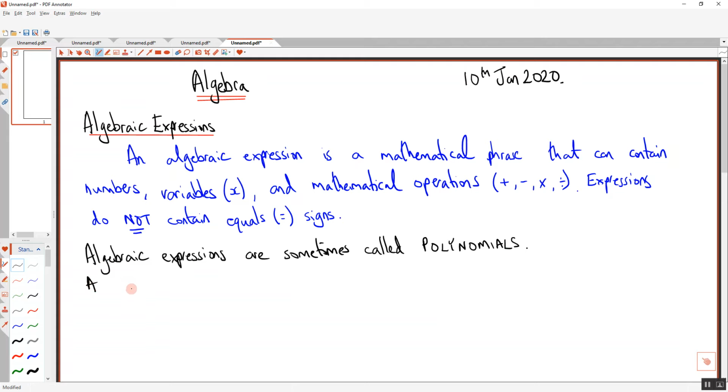And a term is a single expression within the polynomial.